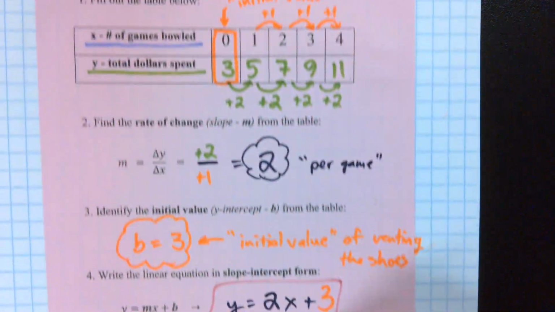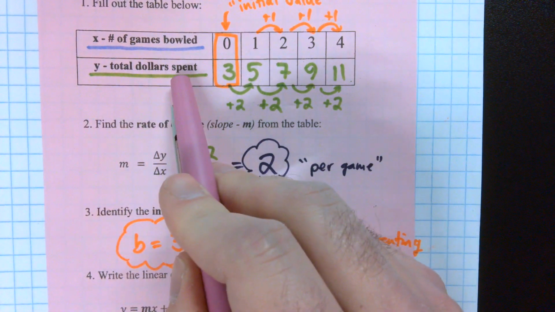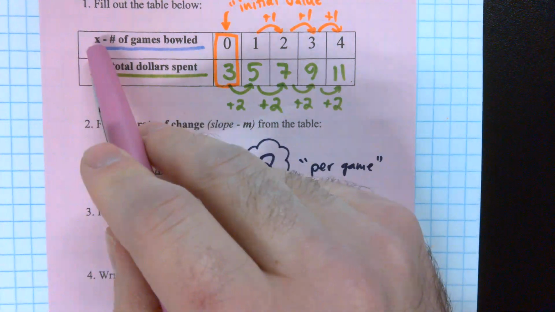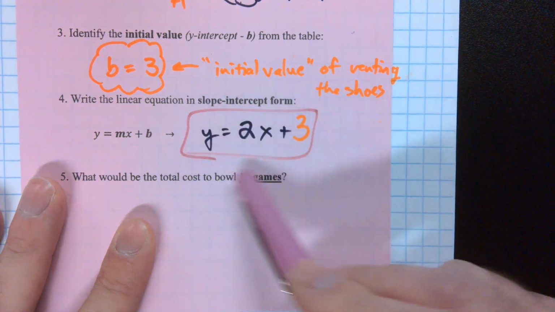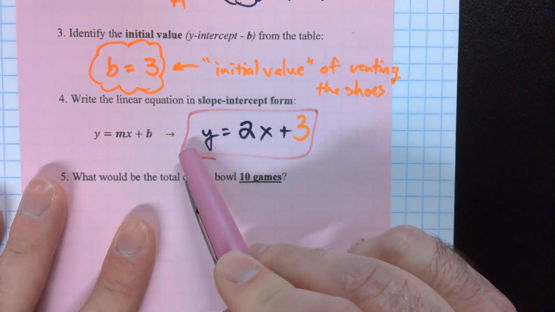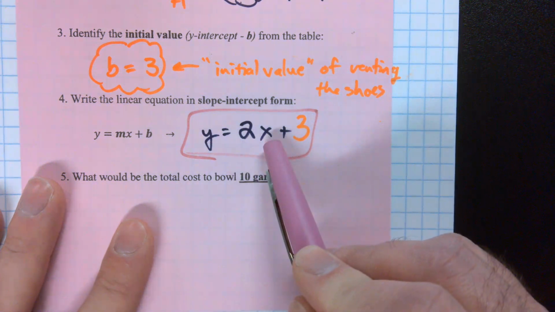And what does y represent? Well, y represents the total dollars spent at the bowling alley. x represents the number of games bowled. So if we have this equation, we can figure out what the total cost will be by plugging in a certain number of games for x.